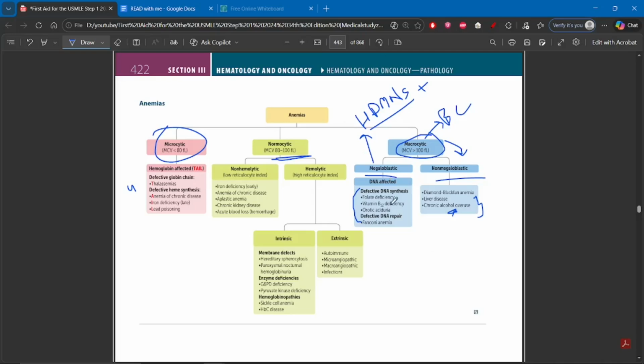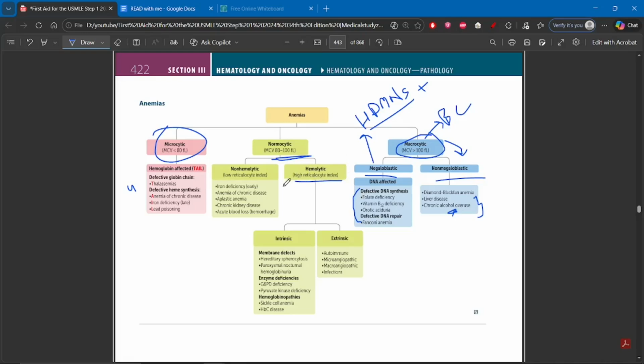After this point, you go towards the normocytic part. Normocytic can be divided into hemolytic and non-hemolytic. Hemolytic is when there is destruction of the RBCs by the immune system. Non-hemolytic is when there is no destruction of the RBCs by the immune system. If there is destruction, then of course the body needs more cells.